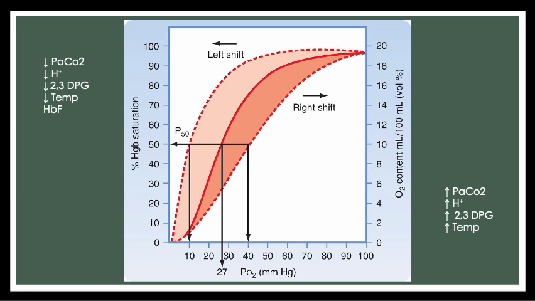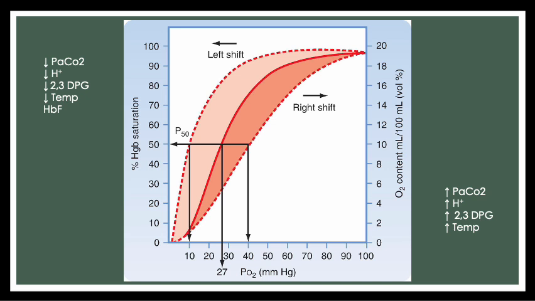When we're considering oxygenation, we need to review the oxygen hemoglobin dissociation curve. So the standard curve is in the middle, and then if you have a right shift, this occurs with an increased PaCO2, increased hydrogens or acidotic state, an increased 2,3-DPG, or an increased temperature.